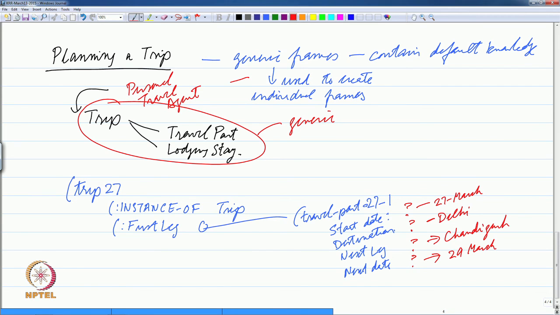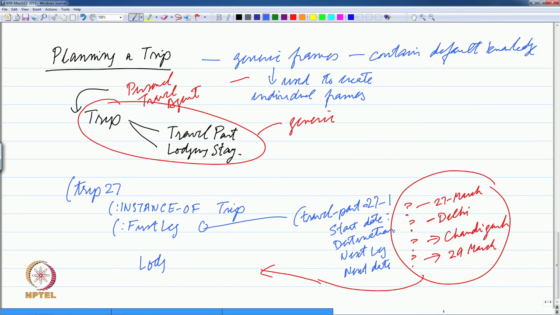The moment I have provided this information, the system should create a lodging stay, lowercase of trip 27(1), and let us say it has figured out that I am going to travel by air. So, the lodging stay should begin on 27th March and it should end on 29th March and so on and so forth essentially.